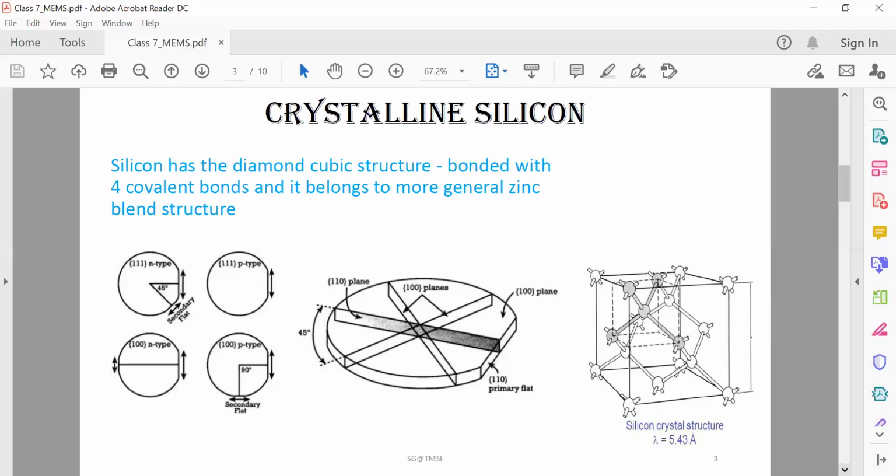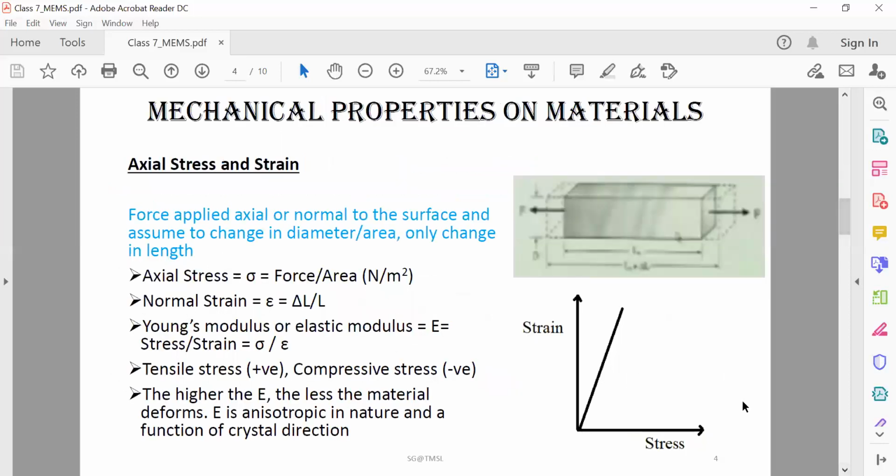Now we'll discuss something on what I have told you earlier, the mechanical properties of materials, because MEMS, as you know, is a micro electro mechanical system. So mechanical properties and their definitions you should know.